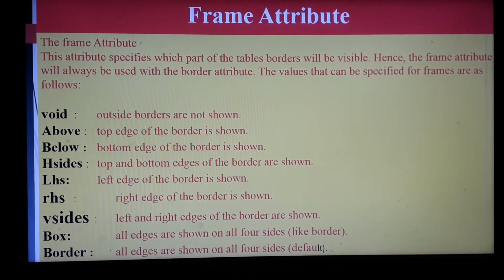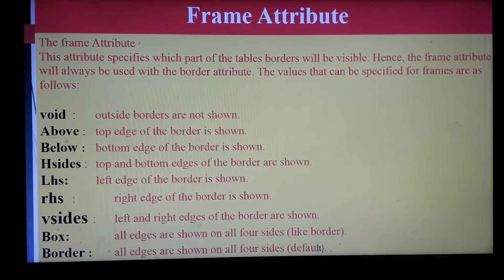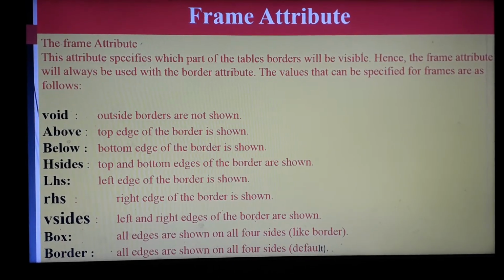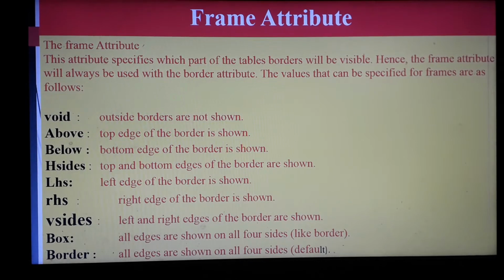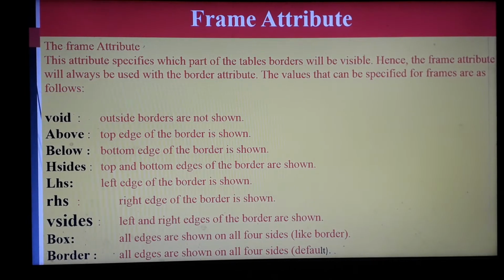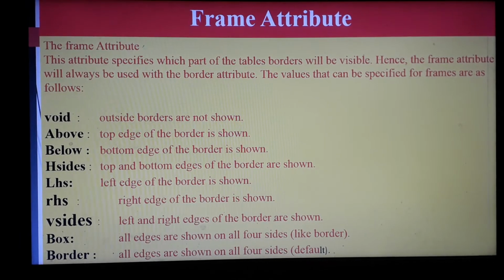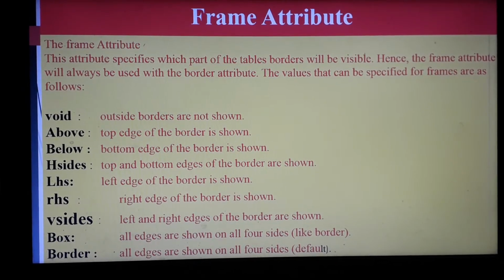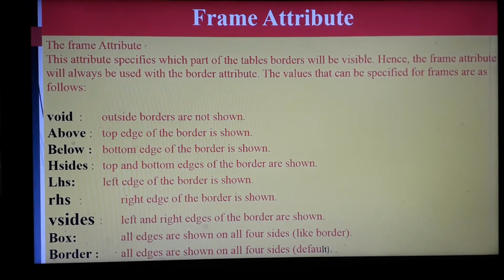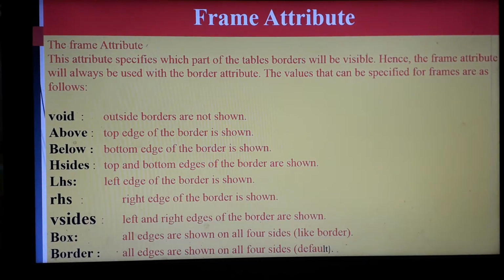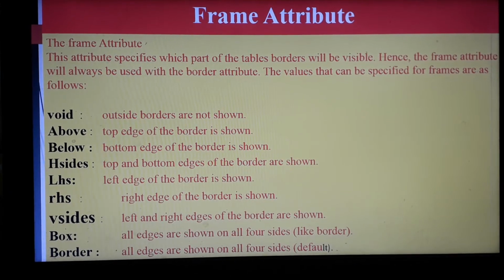Box: all edges are shown on four sides. Border: all edges are shown on all four sides. So the frame attribute of the table is always used with the border attribute. The frame attribute defines the position of the border. So these are the values of the frame attribute you can apply.